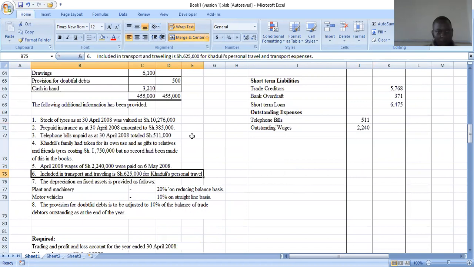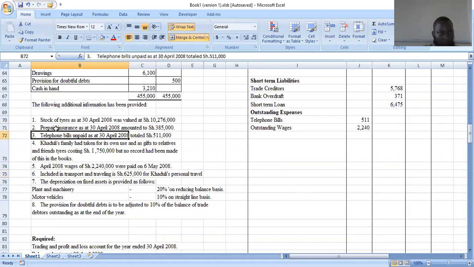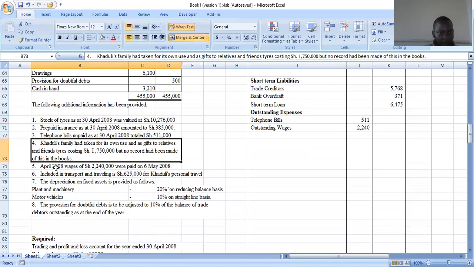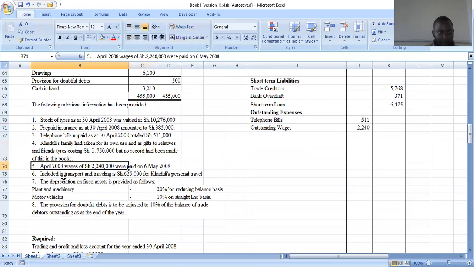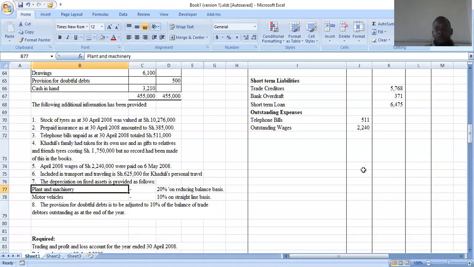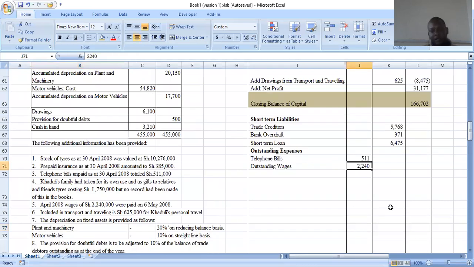So you only have those two outstanding expenses, telephone bills and outstanding wages.